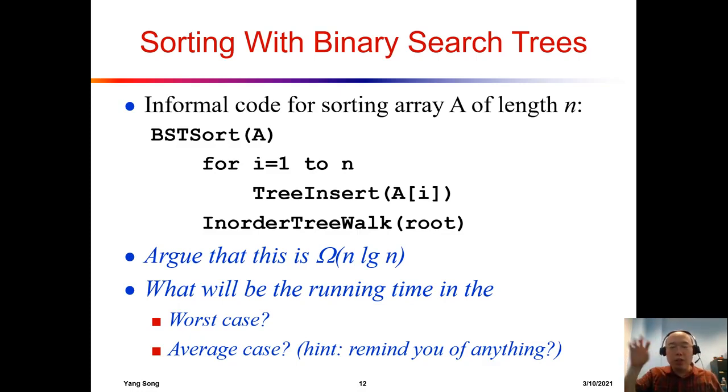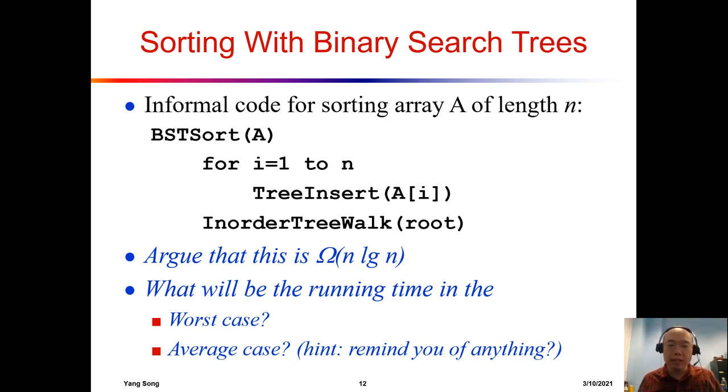If we have a new value to be inserted into the binary search tree, we grab this value and compare it with the root, and depending on the results of the comparisons, we send this value to either the right subtree or the left subtree. We continue doing the comparisons until we are able to find the right spot for this value. So what did we do? We do comparisons before we find the right location.